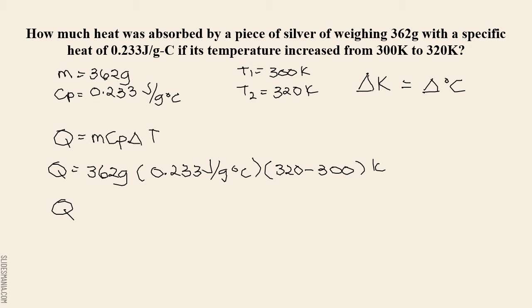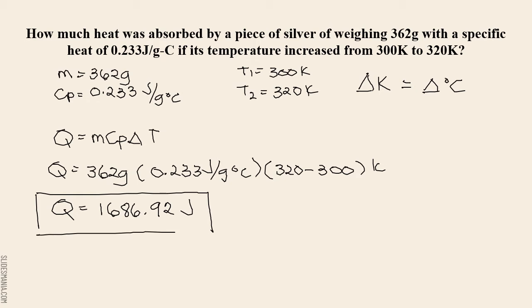I'm giving you 5 seconds to calculate. Q therefore is 1686.92 joules. Looking at the sign convention, this is positive because your piece of silver absorbed heat.